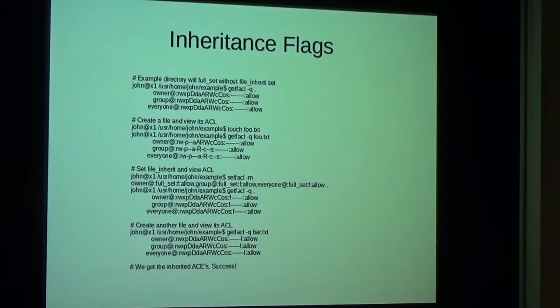So if I set file inherit down here, this right here, this field, this is where the inheritance flags get set. So I'm giving all of these a full set. Oh, that's what I did. Okay. I give these a full set, which means all of the control to everybody, and I do that for owner, group, for all the entries I have here. And then when I create a new file, that gets the full set.